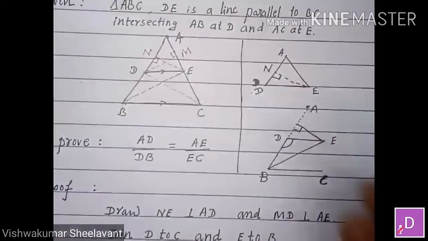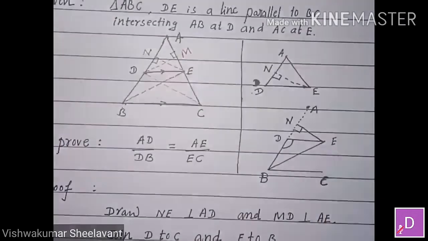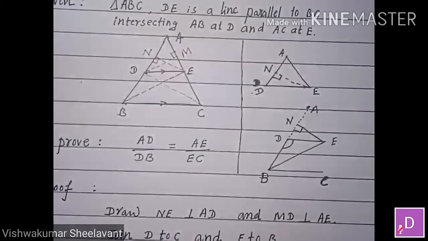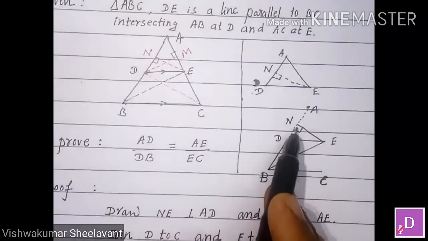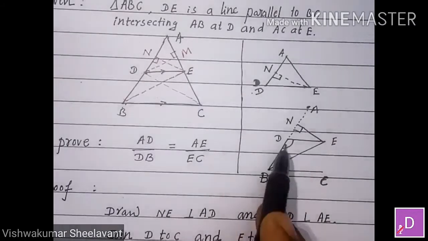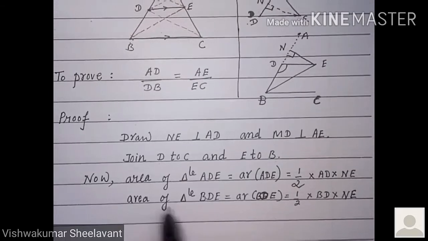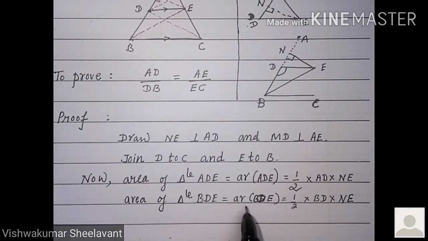So this is nothing but altitude for triangle BDE also. So area of triangle BDE is equal to half into BD into NE. Done? Okay.